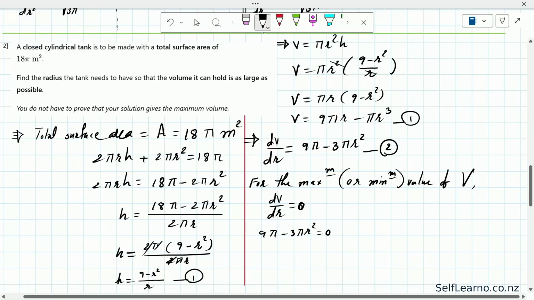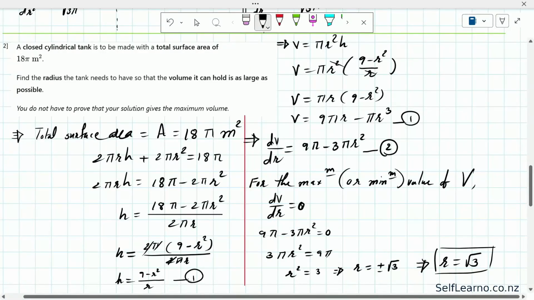So I can obtain r from here. 3 pi r square is equal to 9 pi. So r square is 3. So I am getting r is equal to plus or minus root 3. But seeing the physical situation, the appropriate answer is r is equal to root 3. So when the radius of the cylinder is root 3, it will have the maximum volume. That's all. You can write the unit if you want, meters.